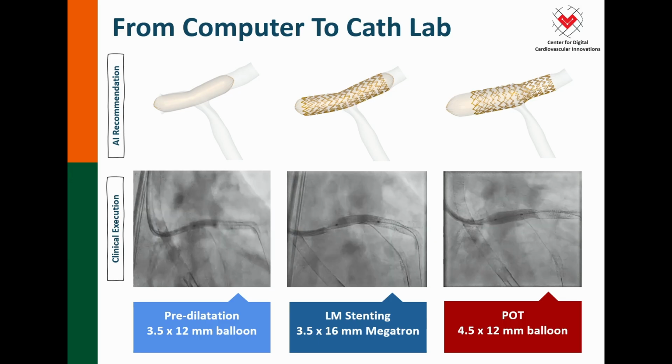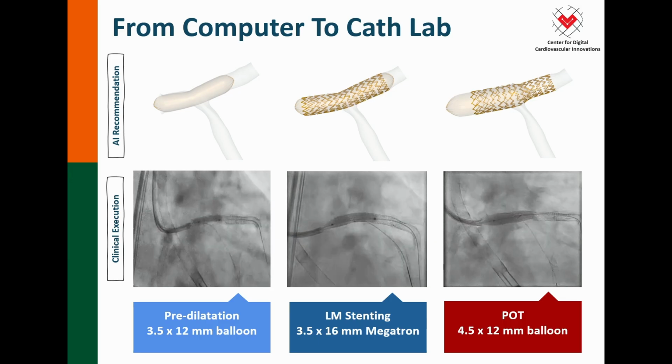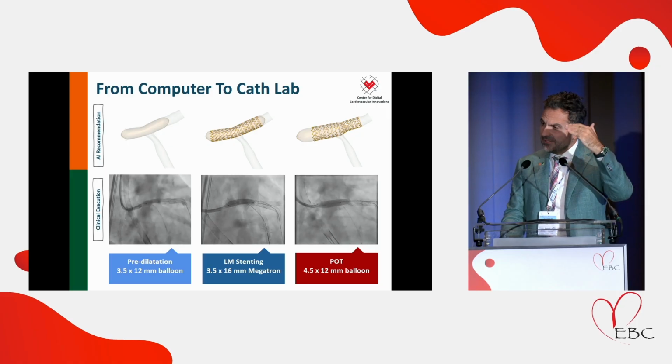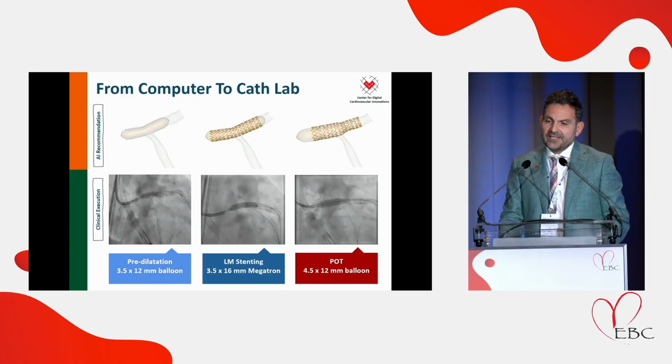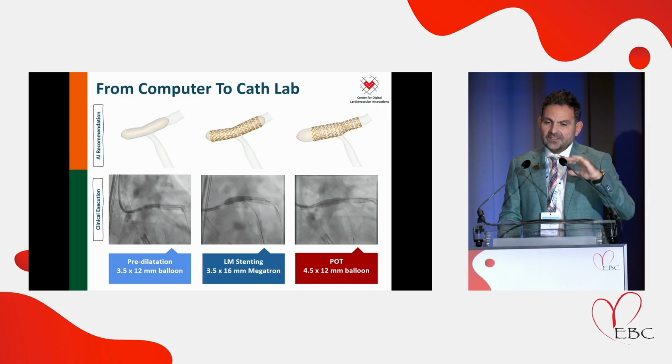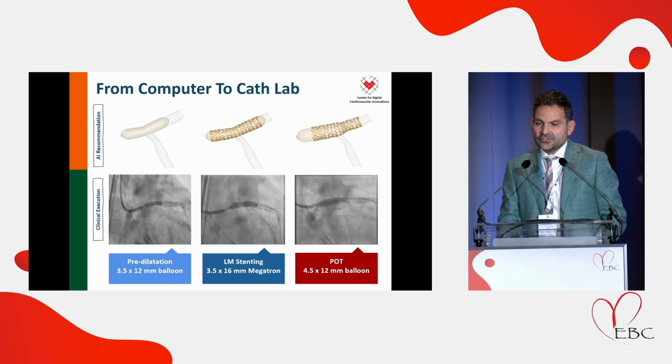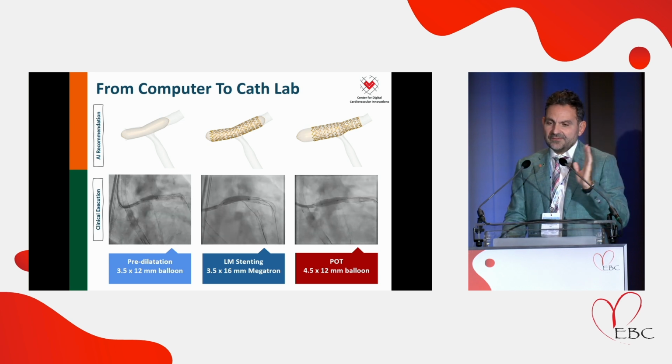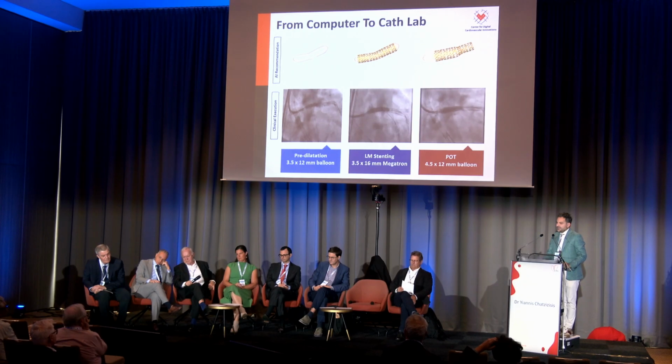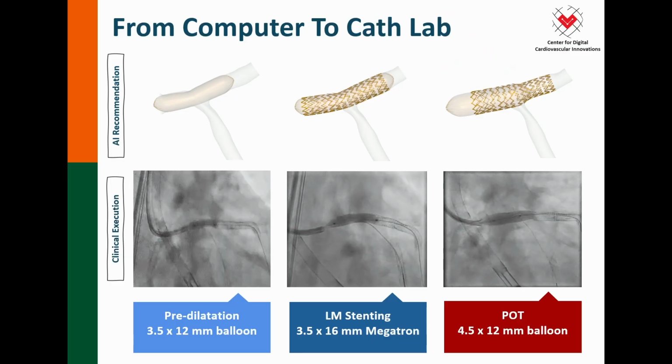And now back to the cath lab, from the computer to the cath lab. On the top you see the recommendation from the AI and simulations using the digital twin. The bottom is the clinical execution of exactly the same: pre-dilatation, the same stent, 3.5 by 16, and then finally the POT, exactly the same execution as what the AI and the simulations recommended.